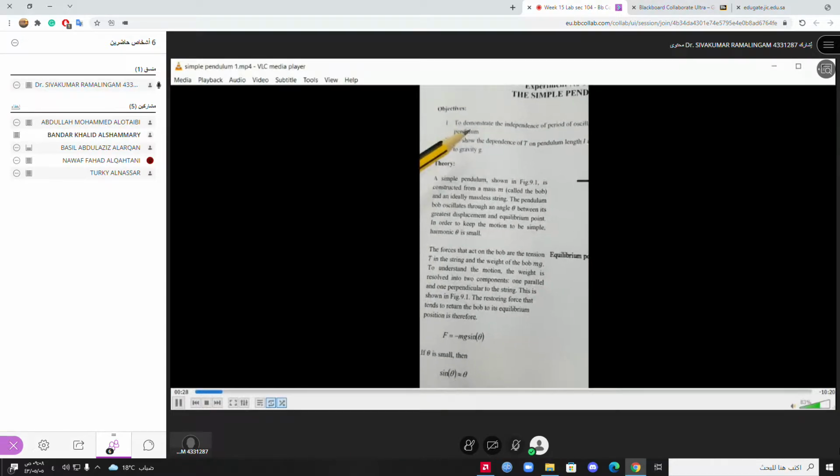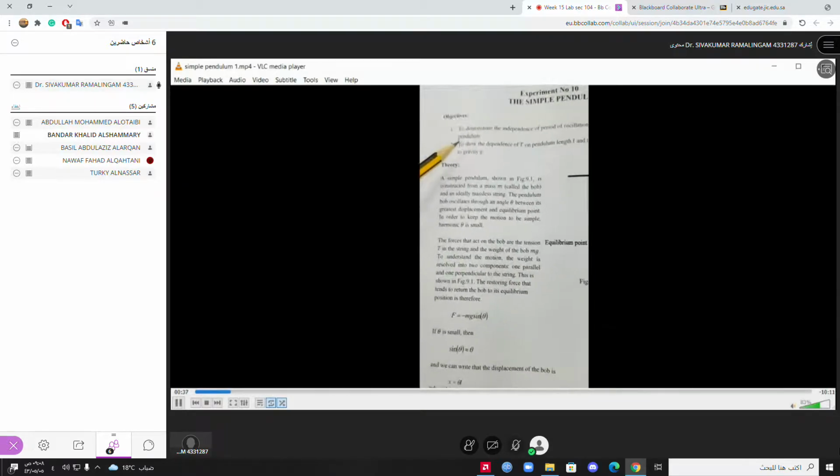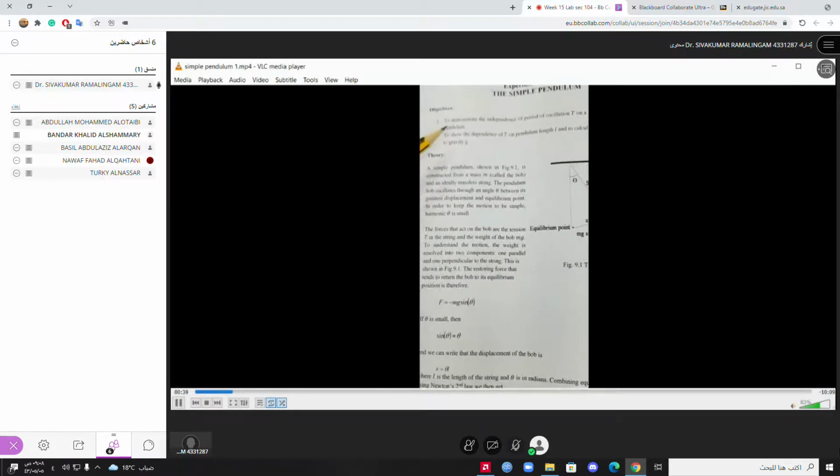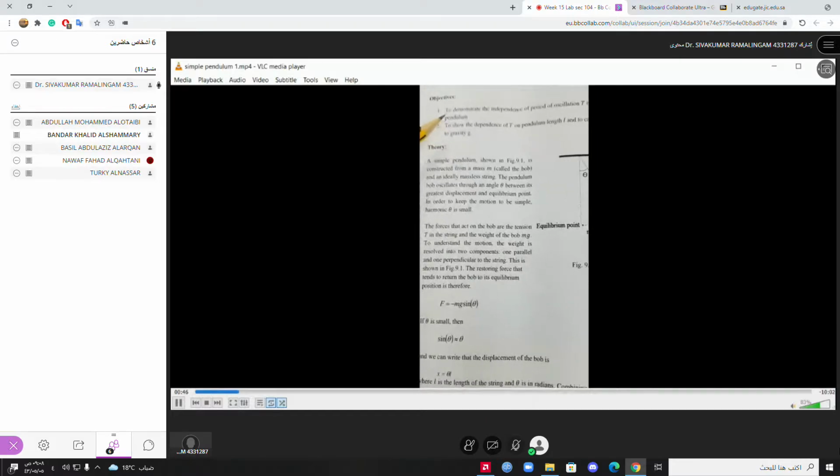Objective number one, to demonstrate the independence of period of oscillation, capital T, on the bob's mass of a simple pendulum. Here we are going to demonstrate the time period is independent of the mass. We're going to show it theoretically as well as experimentally.